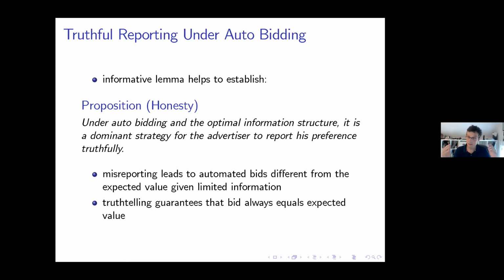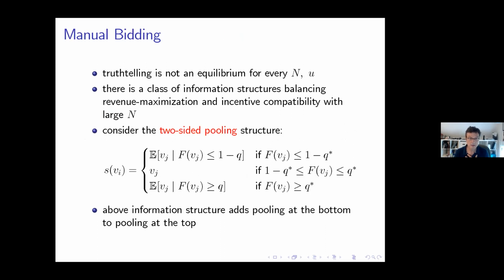So there's a bang-bang structure in the nature of the incentives. If I want to deviate, then I want to deviate maximally. And then in a second step, we show that that's dominated in the optimal information structure by reporting truthfully.